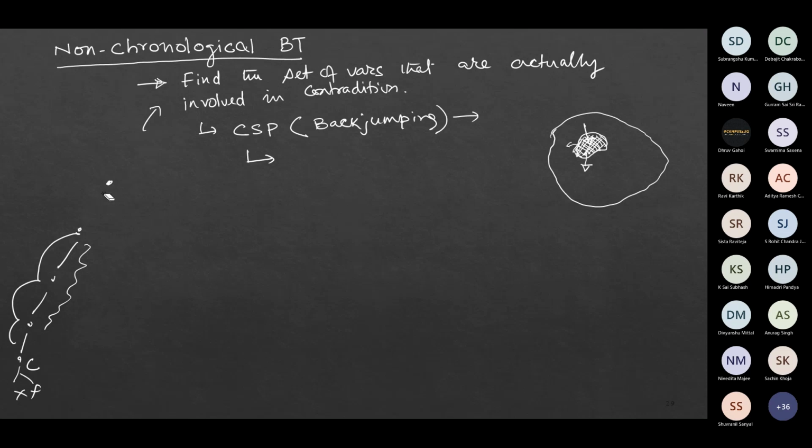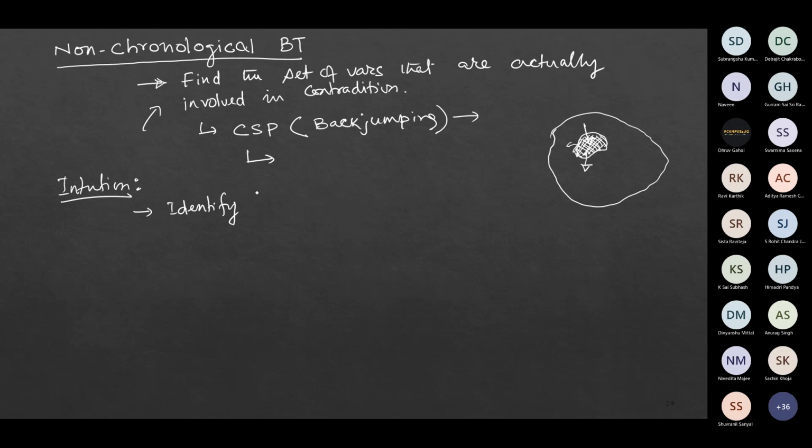So this is the philosophy. Now with this philosophy, let us talk about the intuition. And the intuition will lead to our solution, right? So what is the intuition? The intuition is that first we identify every assignment that contributes to the derivation of the empty clause. Whenever we have got an empty clause, we have an inconsistency, right?